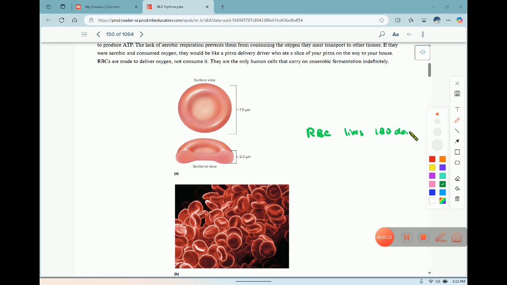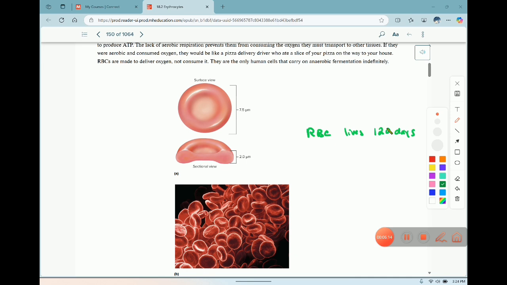All the cells in our body die eventually, but they are replaced. Red blood cells happen to be 120 days, so around 500 billion die per day, and about 500 billion are produced every day.